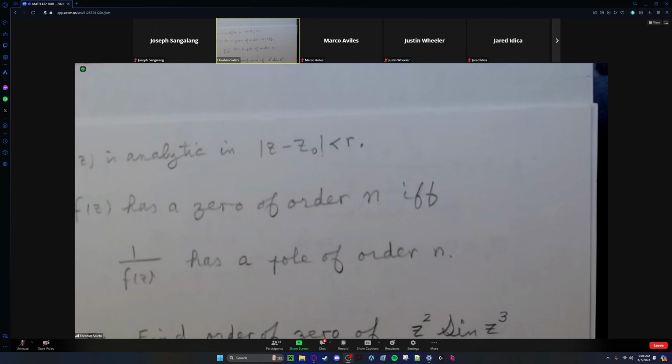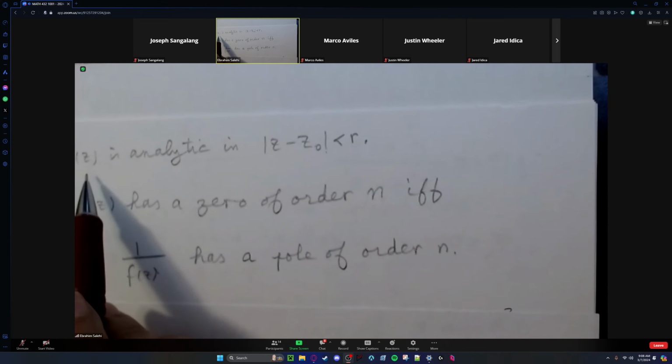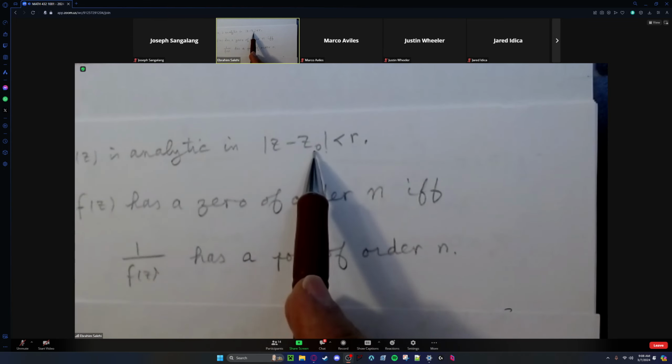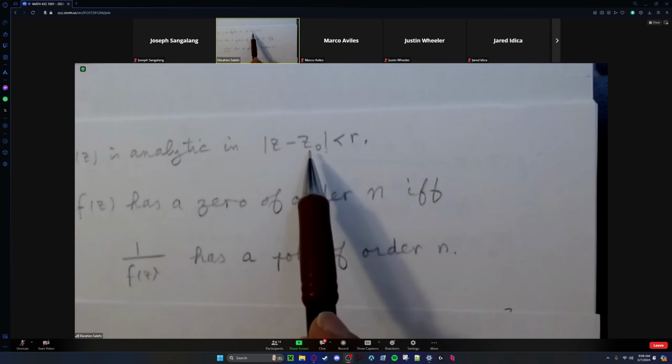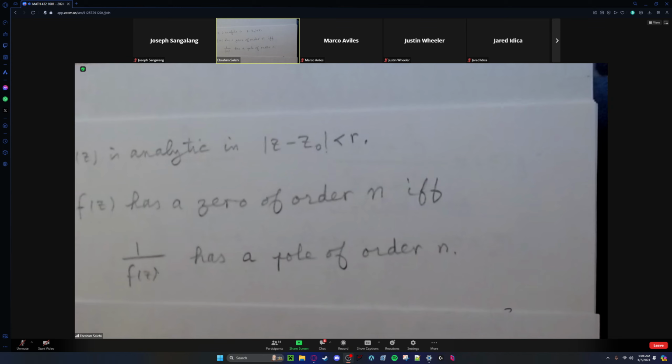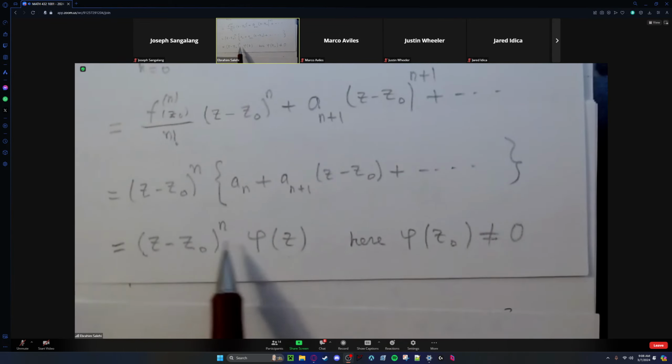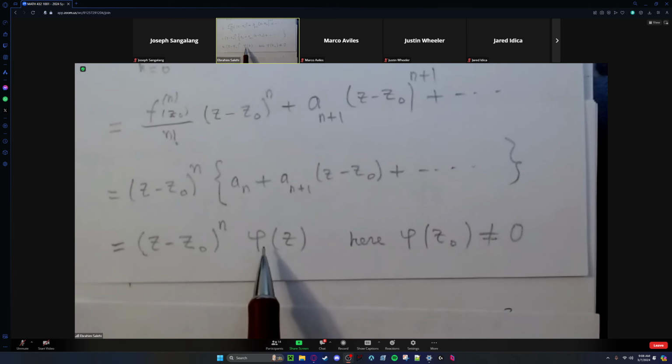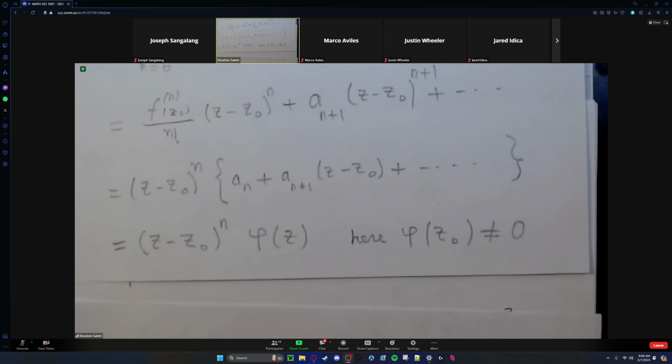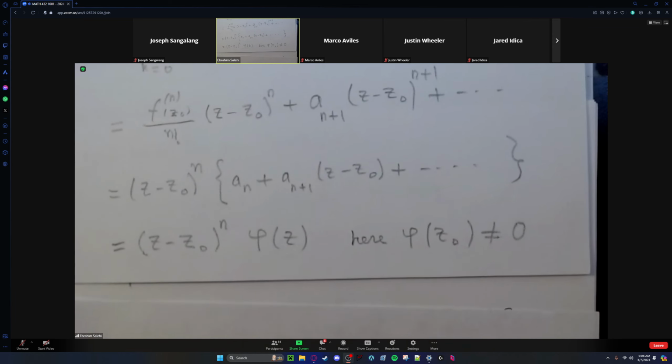This function is analytic here and has a zero of order n. And having a zero of order n, remember, you can write it in this way. What happens to its reciprocal?